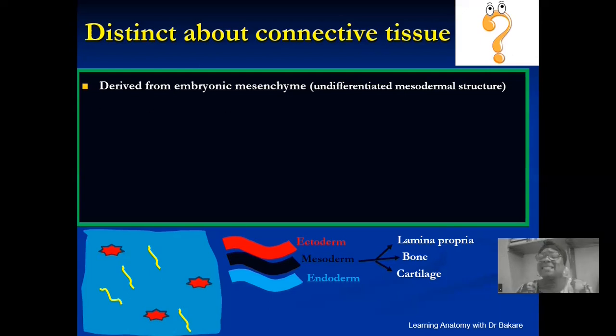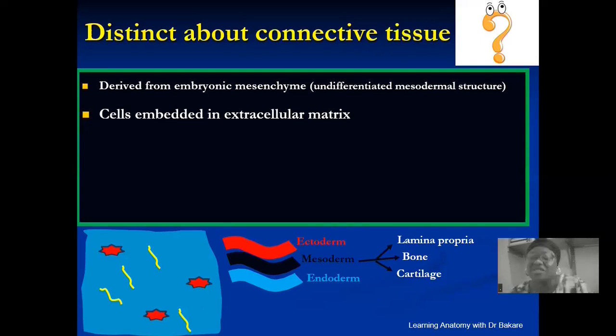Then secondly, what distinguishes the connective tissue from other tissue is that the general configuration of the connective tissue entails cells embedded in extracellular matrix. This we have adequately illustrated during the course of this lecture. If you look at other types of tissues like the epithelial tissue, it is basically a collection of cells lined on top of a basement membrane. The nerve tissue is a collection of specialized cells referred to as neurons, collected together with their surrounding neuroglia.